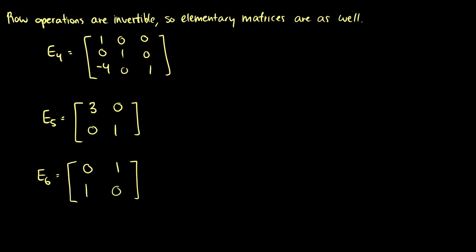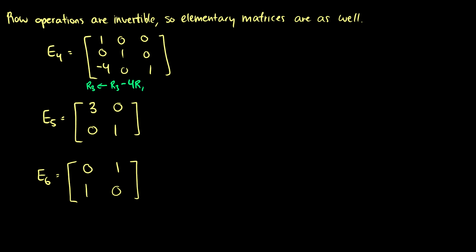But we have this -4 here, so this elementary matrix represents R3 becoming R3 minus 4 of row 1. It's in the first column, so it deals with the first row, and in the third row, so it affects the third row of our result.